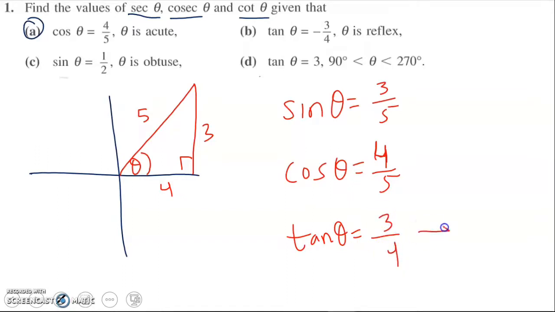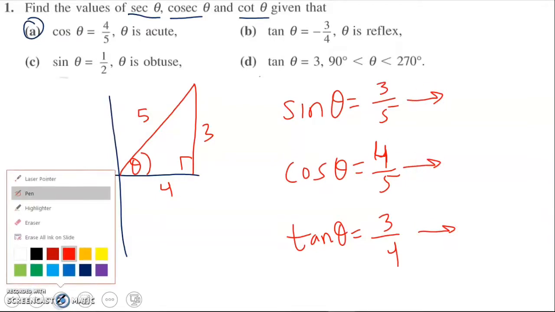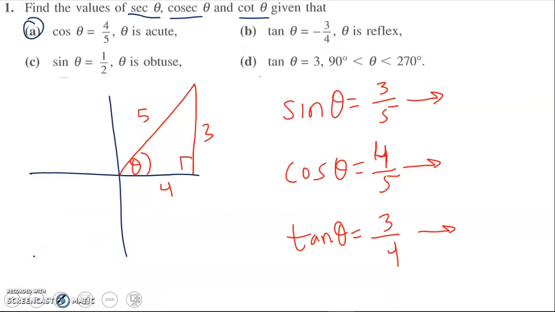So with this being said, I can find the other values. Sine's reciprocal would be cosecant. Cosine's would be secant. And tangent's inverse would be cotangent.